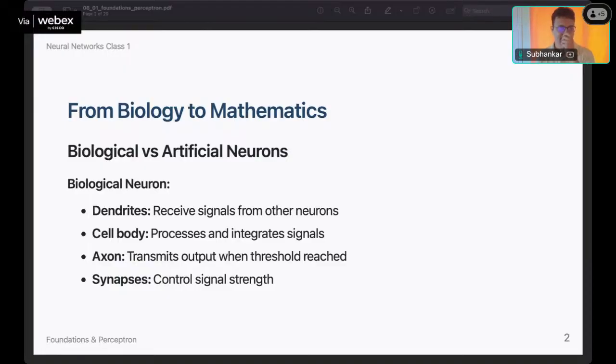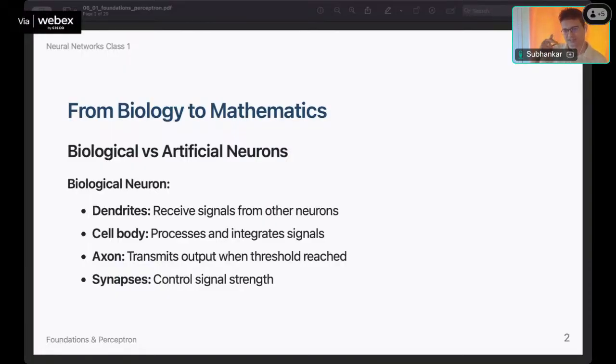The cell body somehow integrates all the incoming signals into one and then decides whether I have to send a signal further to other neurons or not. The axon is the way to send a signal to others; it is where the electrical signal travels to other neurons. And then synapses are there. The most important part is that synapses control the signal strength.